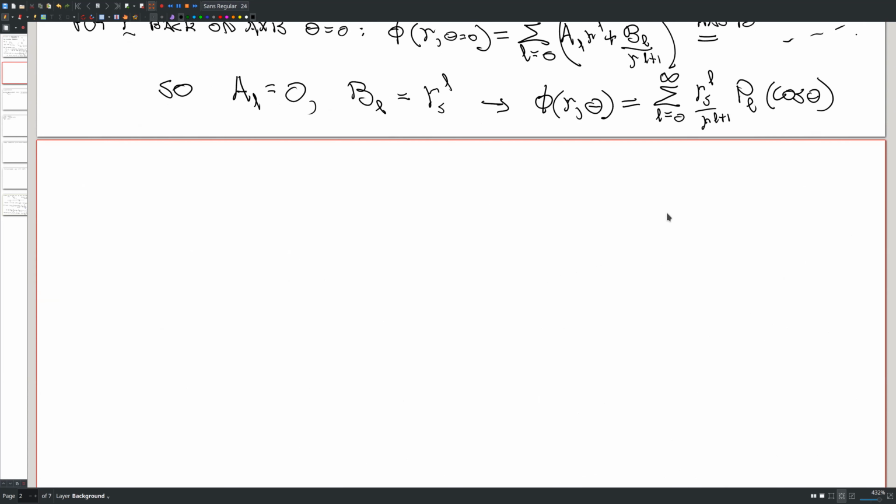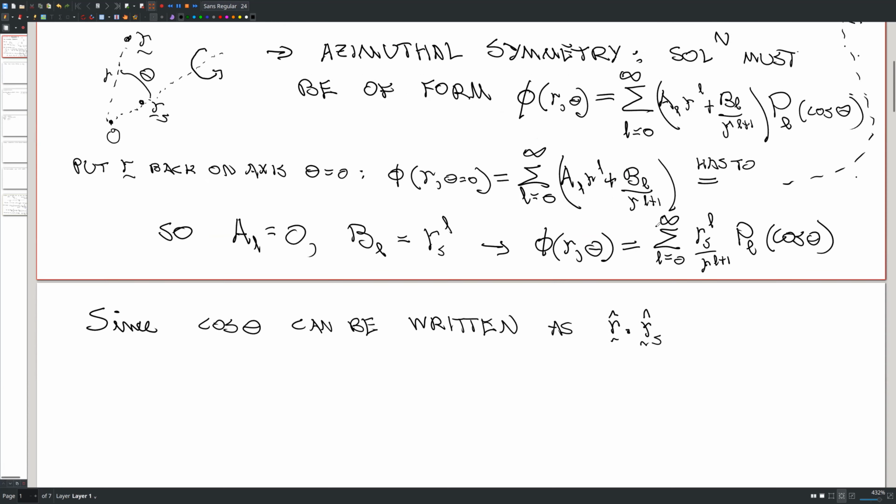Since cos theta can be written as r hat dot r source hat, I'm just using a little notational trick.